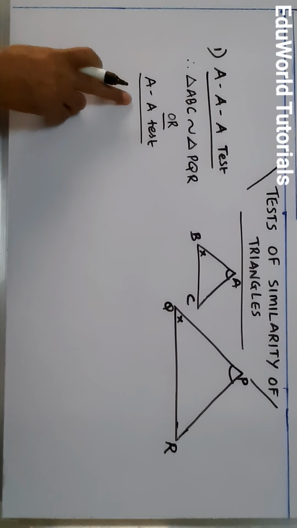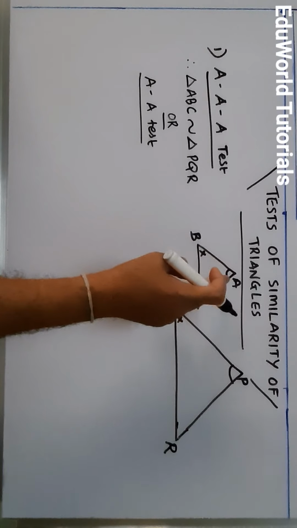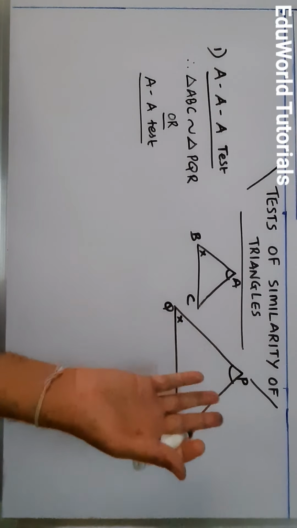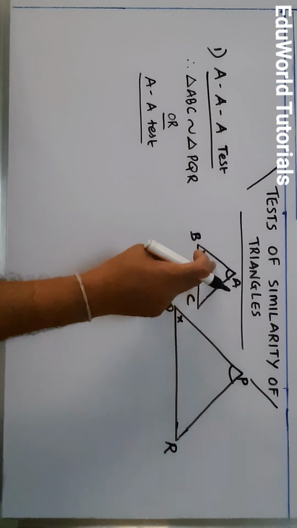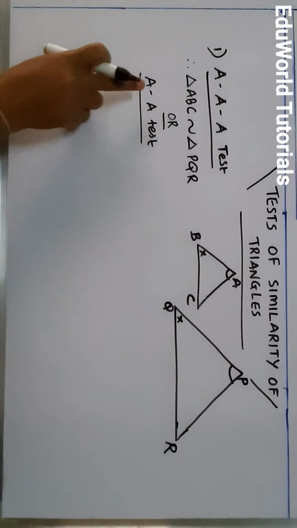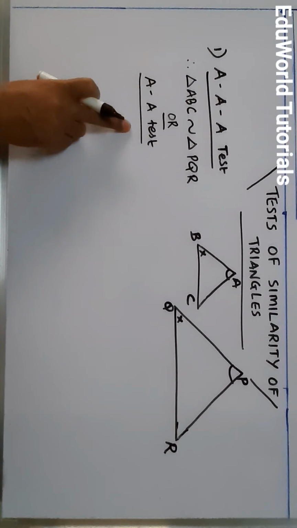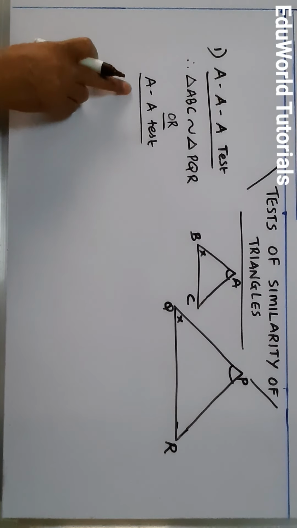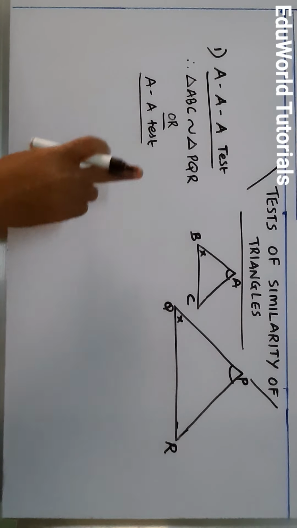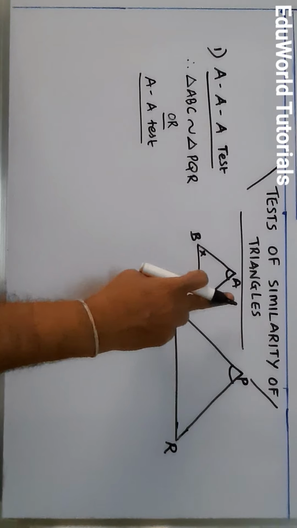If two angles of a triangle are congruent to the corresponding two angles of another triangle, then both the triangles are similar to each other. So AAA test and AA test are not different tests. We can sometimes use the AA test while solving problems. So this is the first test of similarity of triangles.